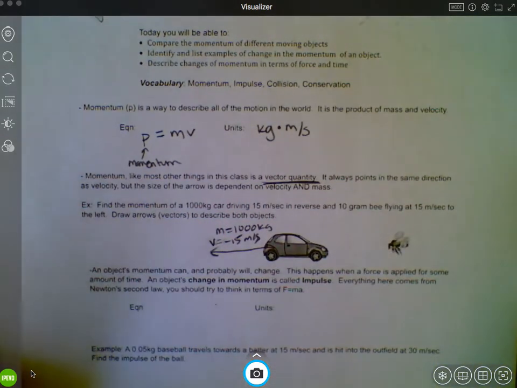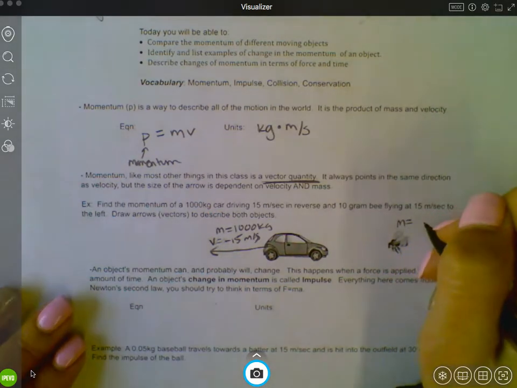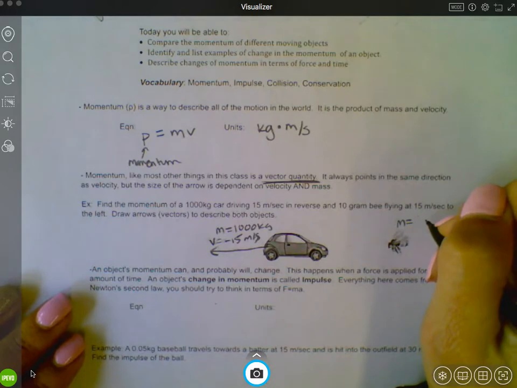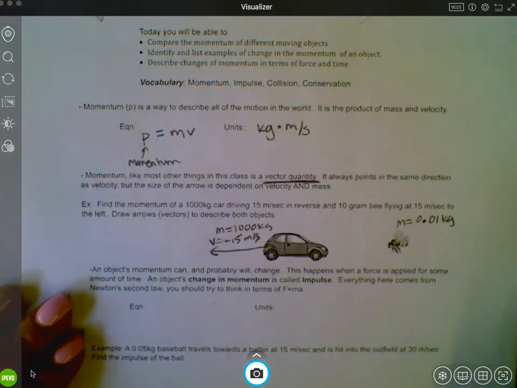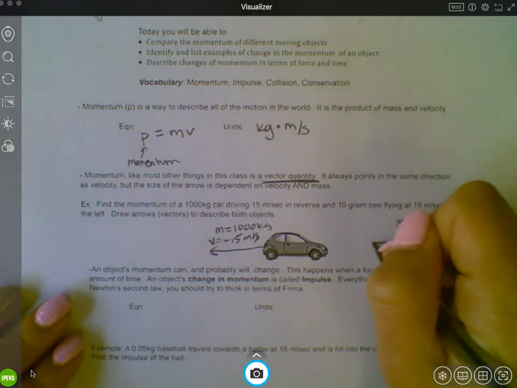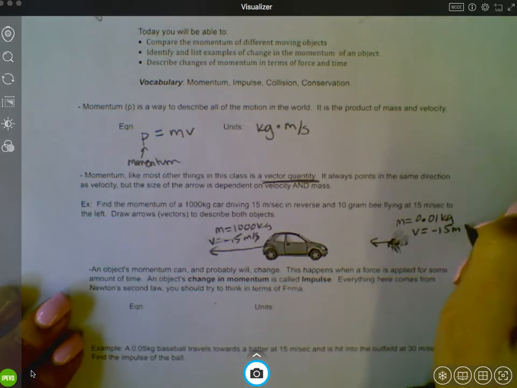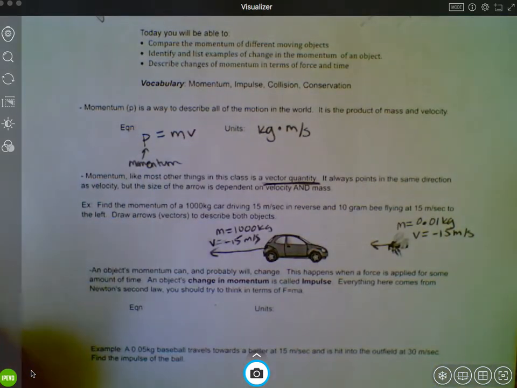And a 10-gram bee, so mass is 10 grams, which converts to 0.01 kilograms, flying at 15 meters per second to the left, so it's also flying this way. Velocity is also negative 15. Draw arrows and vectors to describe both objects.